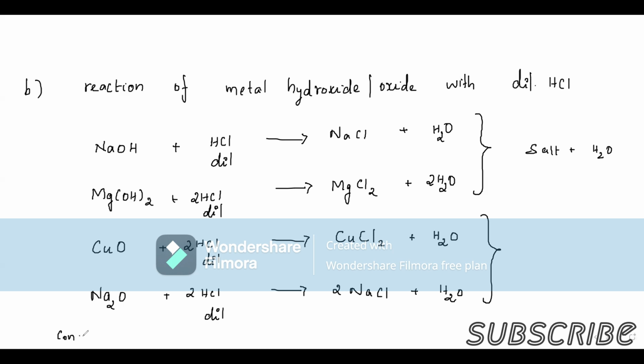The conclusion is: metal hydroxide or oxide, when treated with dilute HCl, gives us the corresponding salt plus water. I hope even the second reaction you all have understood clearly.